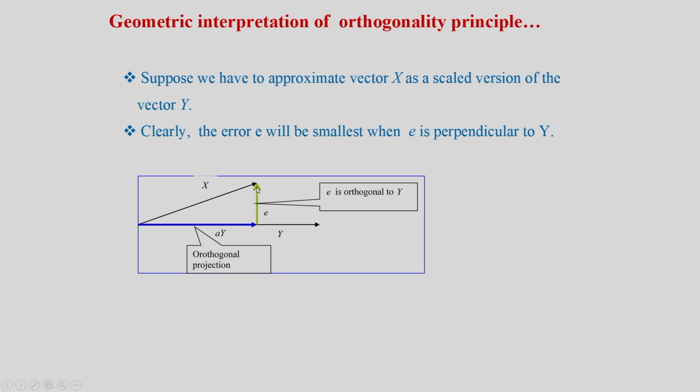Now, if we draw a perpendicular, then this part will be the orthogonal projection and this error will be minimum. So, the error e will be smallest when e is perpendicular to y. That is the orthogonality principle. So, we have to select this scalar multiple of y in such a way that the error is orthogonal to the data vector. This is the orthogonality principle.